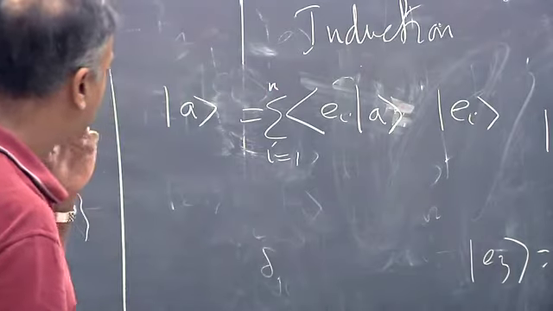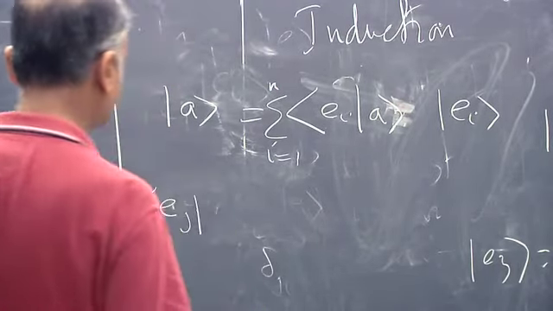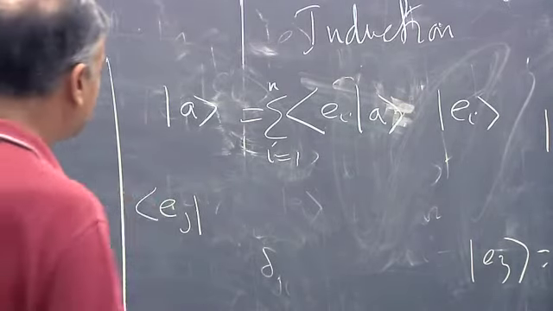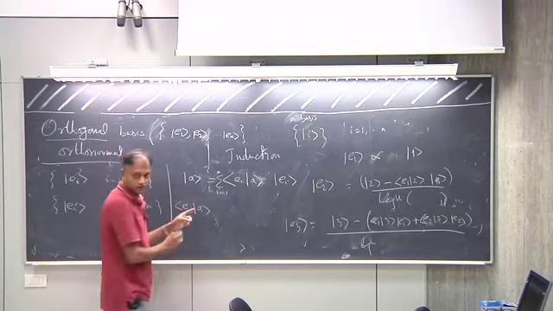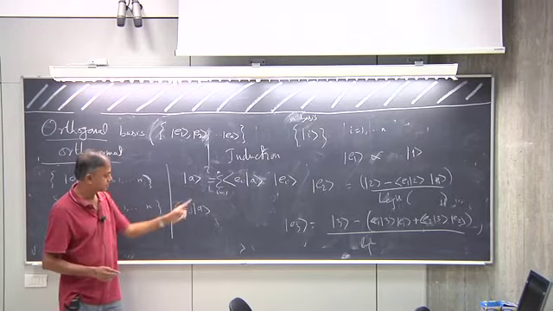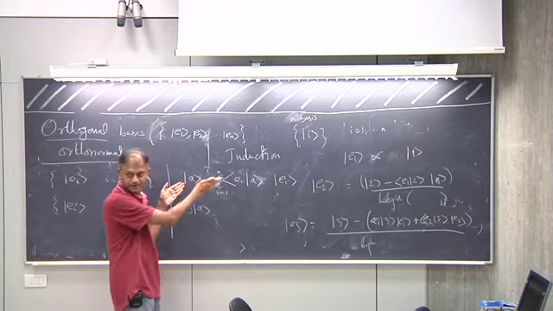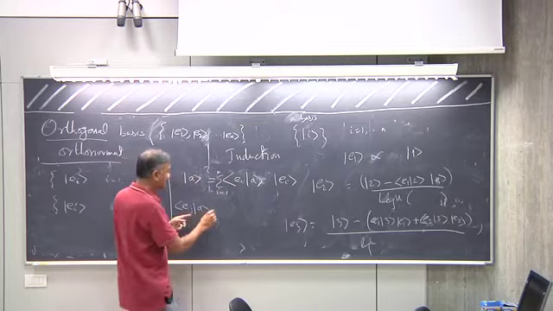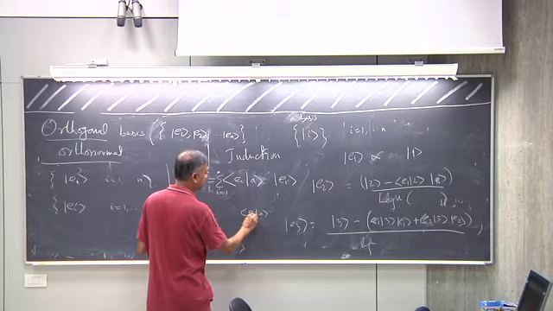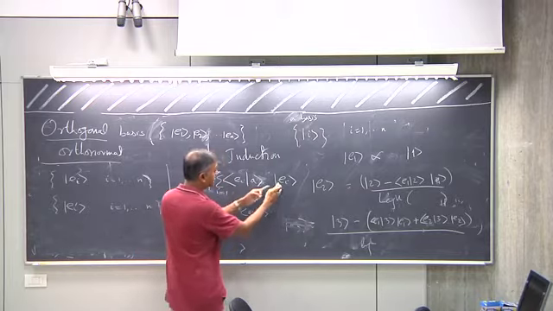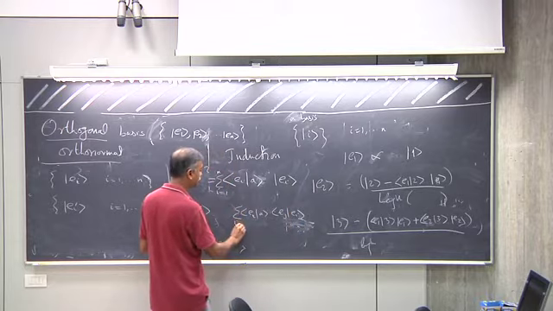How do you prove that? Well, let's look at e_j. Let's apply e_j with A. I want to check whether this is true or not, so let's multiply by e_j on both sides. Let's take the scalar product on both sides. This side you have e_j · A, whereas this side you get e_i · A, which is just a number, times e_j · e_i, summed over i equal to 1 to n.